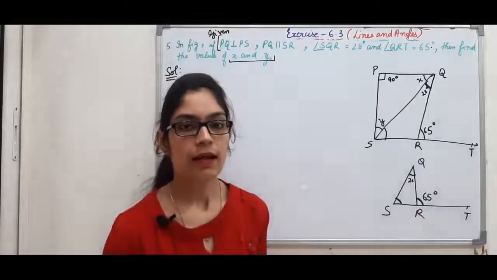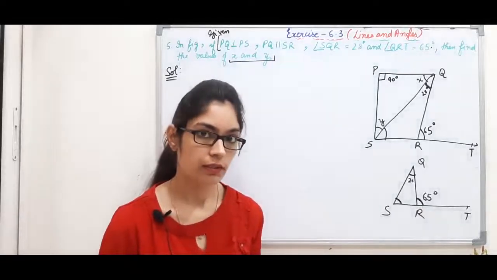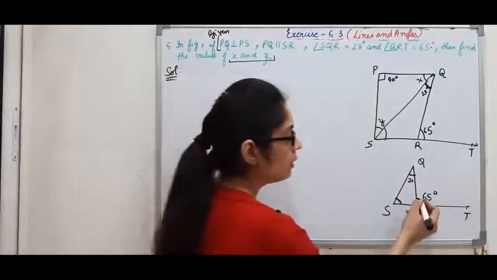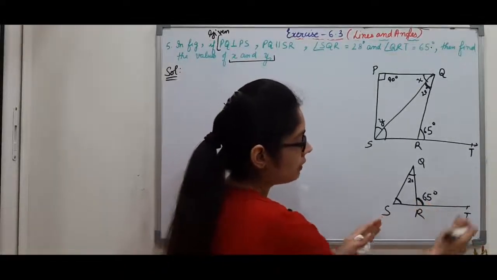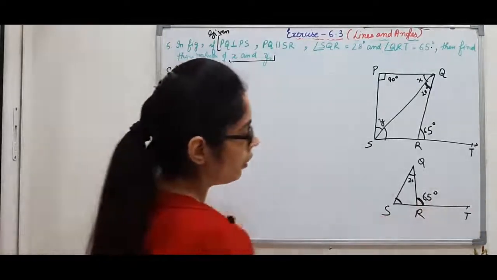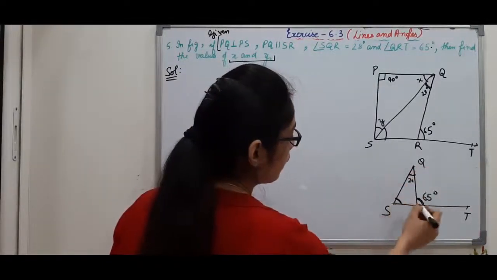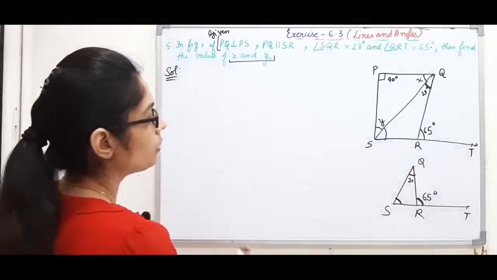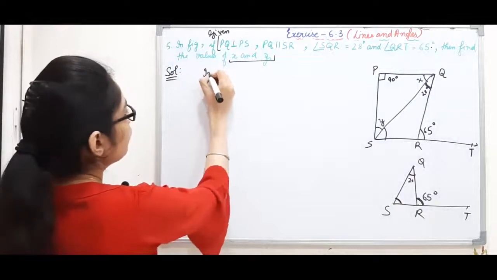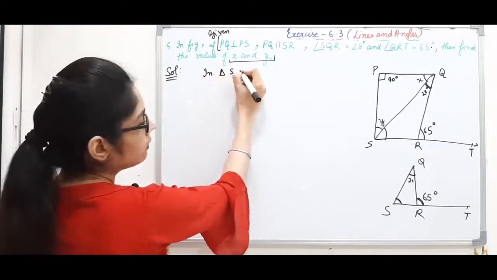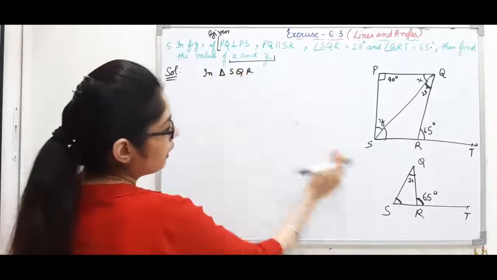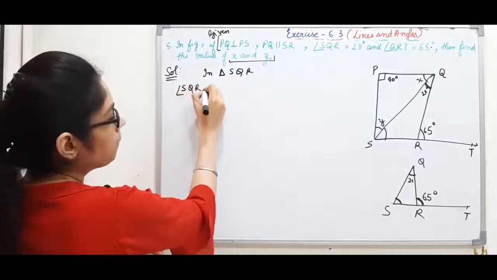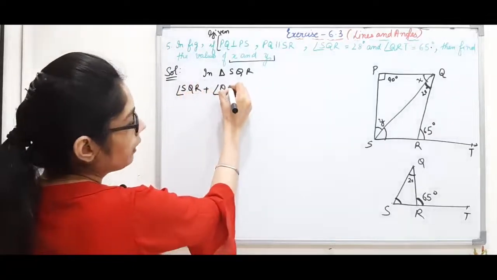Because of the exterior angle property of a triangle. We have already done the theorem that the sum of opposite interior angles is equal to the exterior angle when this line is produced. So according to that, angle QSR plus angle SQR is equal to 65 degrees. So we can write also in triangle SQR, angle SQR plus angle QSR.